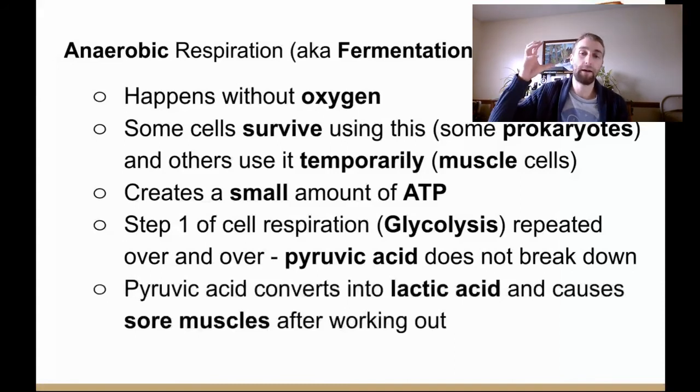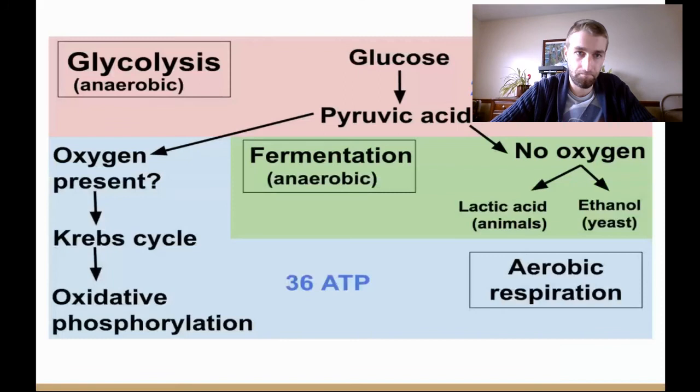Because we don't send that pyruvic acid onto the Krebs cycle, we're not able to break it down further, but it gets converted into lactic acid. So that's one of the reasons that you might feel sore after you're working out or sprinting, because if you push yourself to do anaerobic working out, or you're pushing your cells into fermentation, you're not able to fully break down those pyruvates, so they build up as lactic acid.